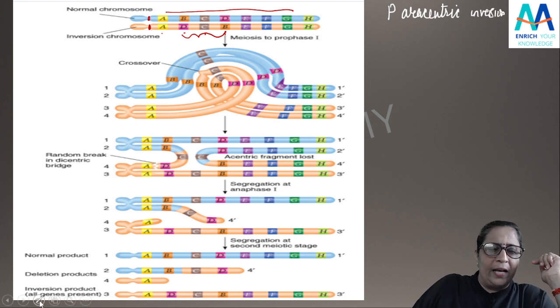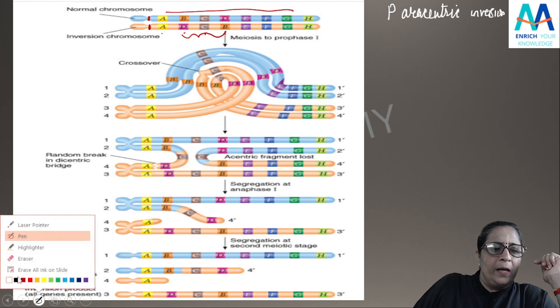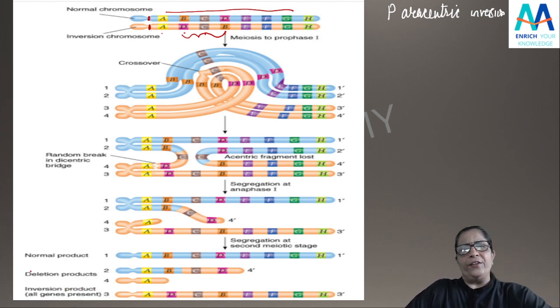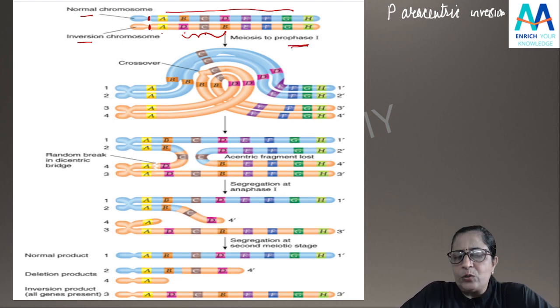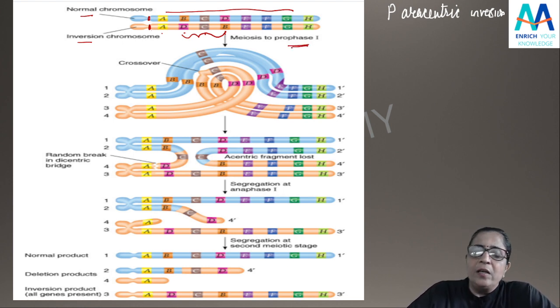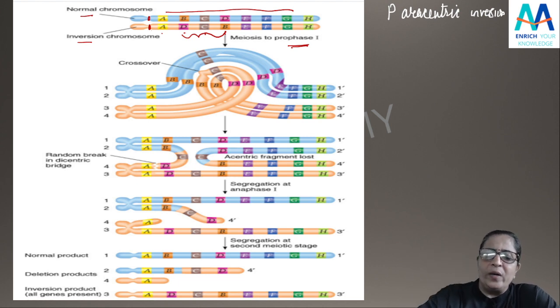Now listen carefully, students. If I am talking about the paracentric inversion, this is the inverted chromosome, this is a normal chromosome. Now, when these go for prophase 1 in meiosis, they will go for a crossover.